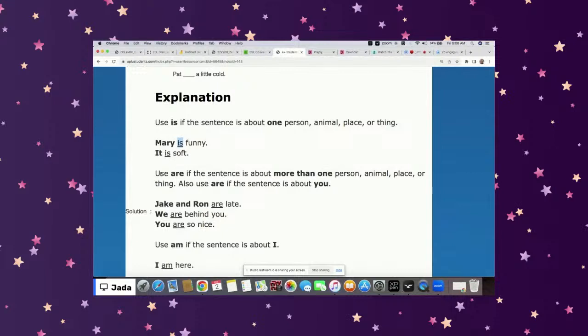Alright? And then we have use are if the sentence is about more than one person, animal, place, or thing. Also use are if the sentence is about you. Okay?